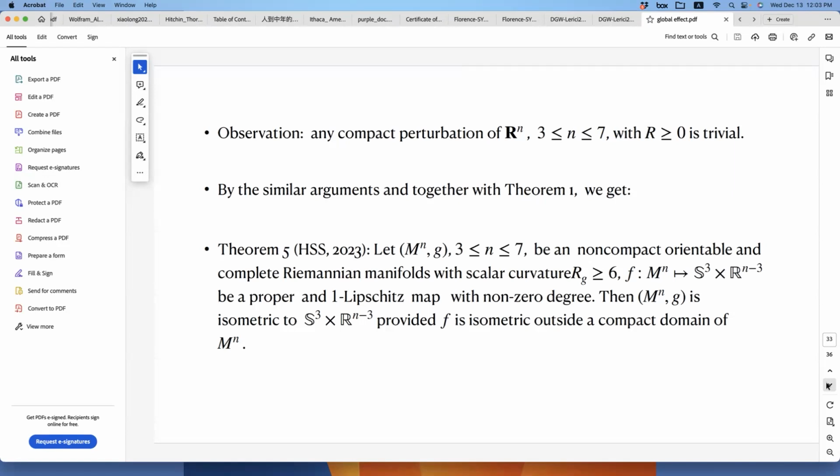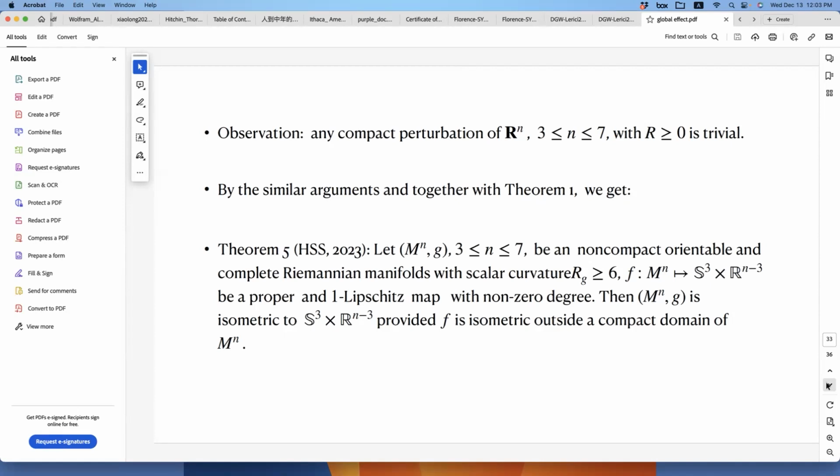Then (M, g) is isometric to the model space if f is isometric outside a compact domain of M. That is, if we make a compact perturbation of this model space with scalar curvature bigger than or equal to 6, then this perturbation must be trivial, just like the positive mass theorem. So it is just like the Euclidean space case. Okay.